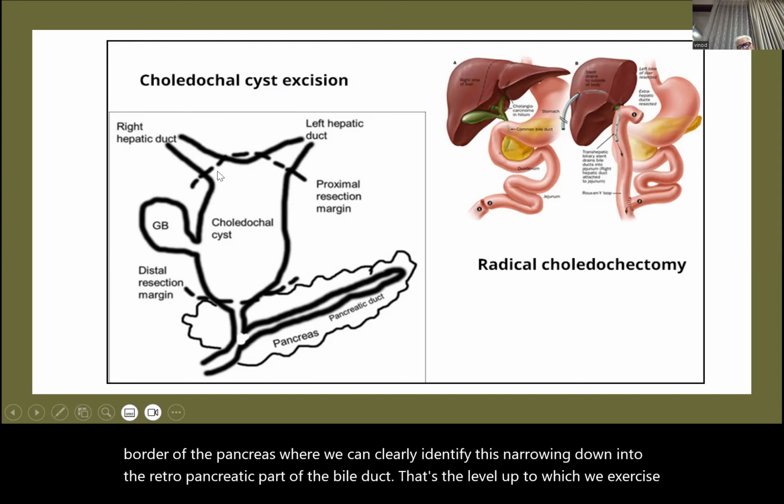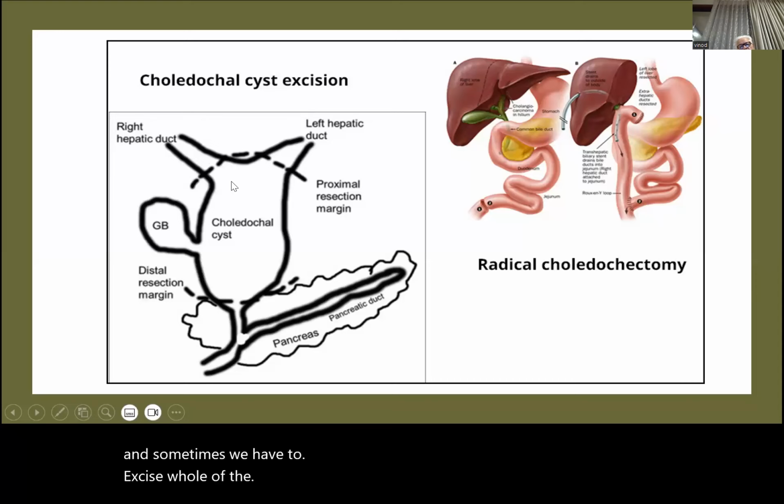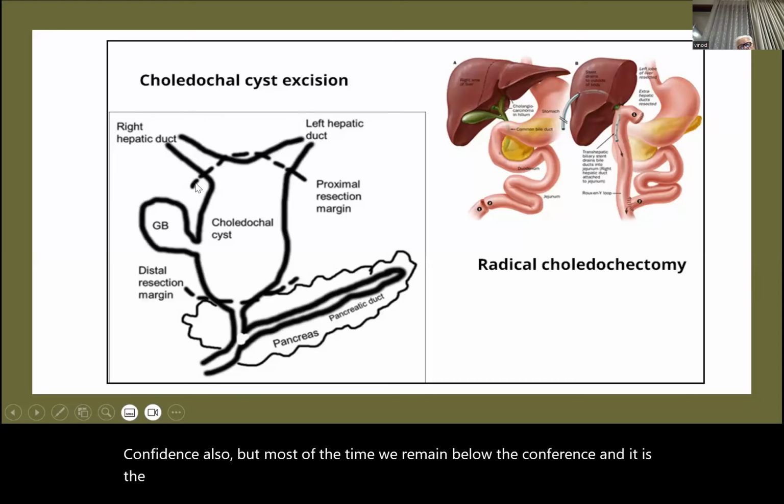And sometimes we have to excise the whole of the confluence also, but most of the time we remain below the confluence, and it is the confluence which is anastomosed with a Roux-en-Y loop of the jejunum.